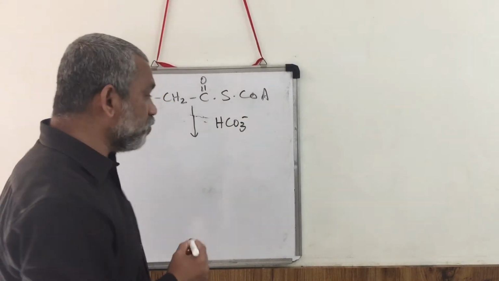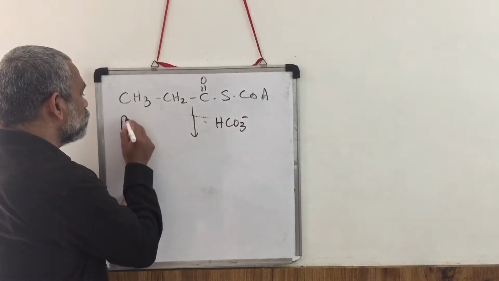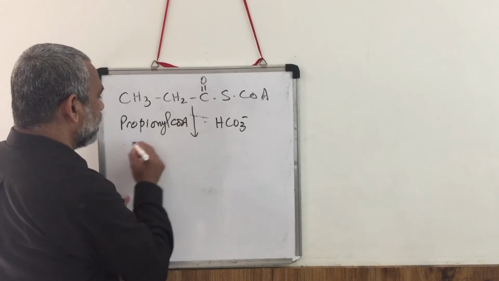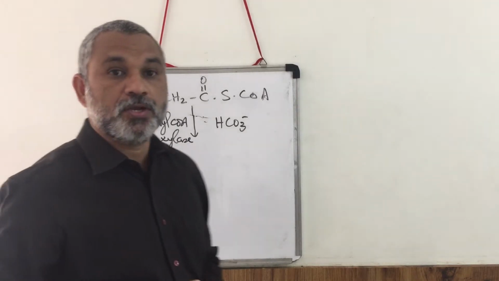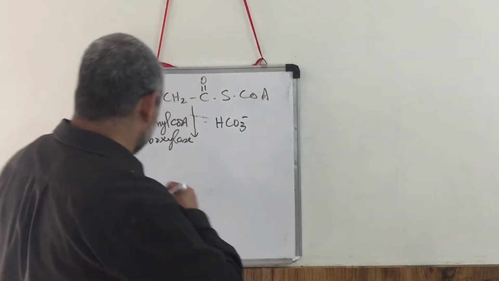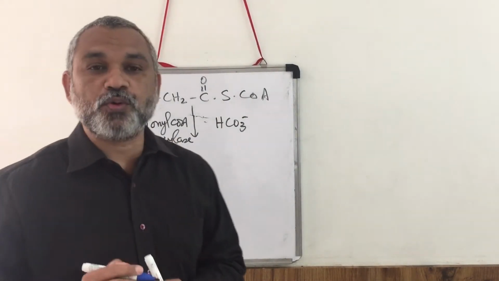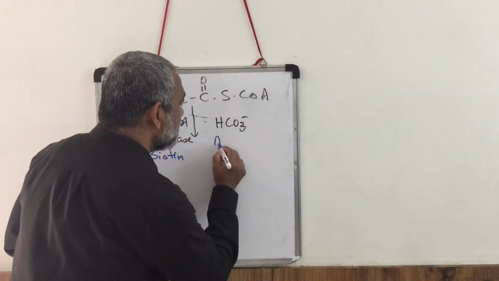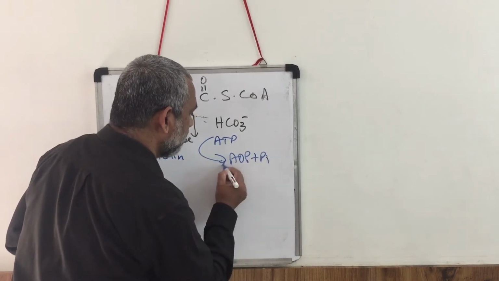Now to add a CO2, you know that the enzyme, this is propionyl-CoA, is propionyl-CoA carboxylase. That is the enzyme. Carboxylases require biotin, so let us write a biotin. And you also know that carboxylation is an energy requiring process, and ATP is required, which is cleaved into ADP plus Pi.